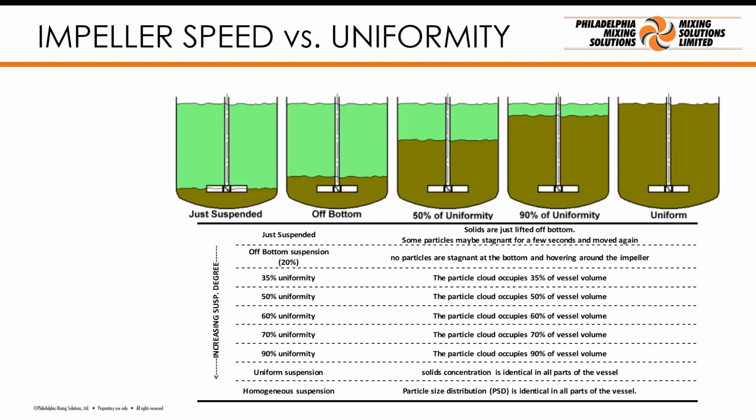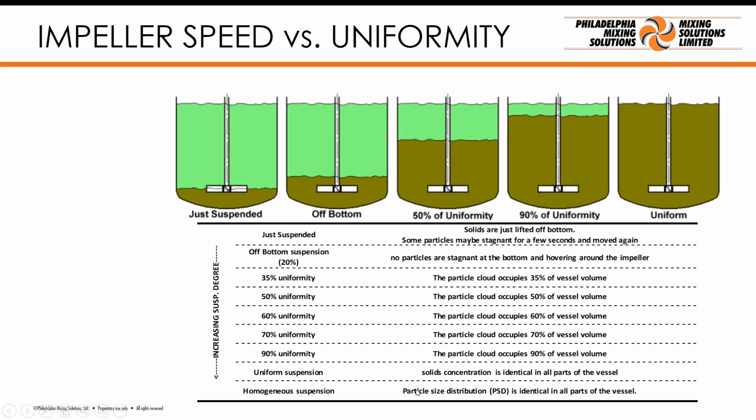How do we define the degree of suspension? So this is a chart taken from one of our design books. The minimum speed is called just suspended. Just suspended, some particles may be stagnant for a few seconds on the vessel base. Then we have off bottom, 50% uniformity, 90% uniformity, then uniform. And in uniform, it could be concentration or particle size.